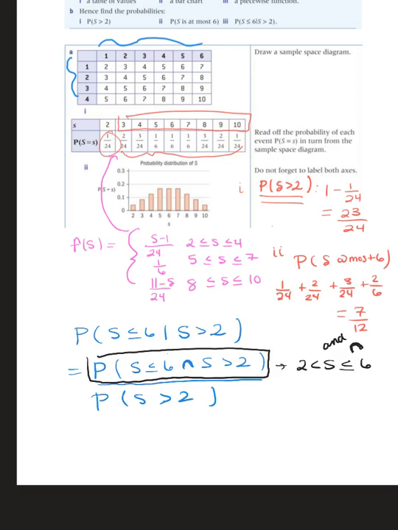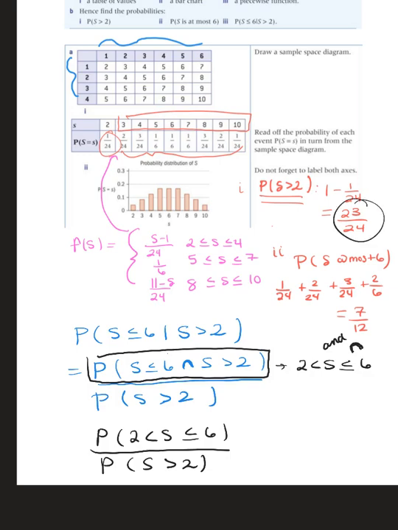So in other words, I'm looking at the probability that 2 is less than S, is less than or equal to 6, and I'm going to divide that by the probability that S is greater than 2. Well, the good news is I already have this denominator up here, 23 divided by 24, so that's fine. So this is 23 divided by 24.